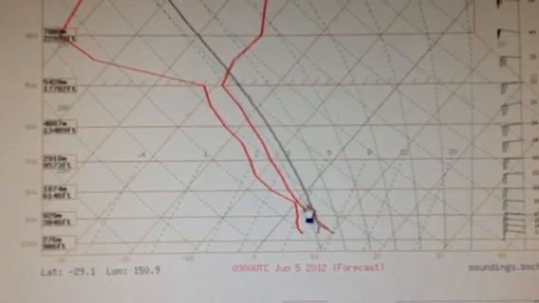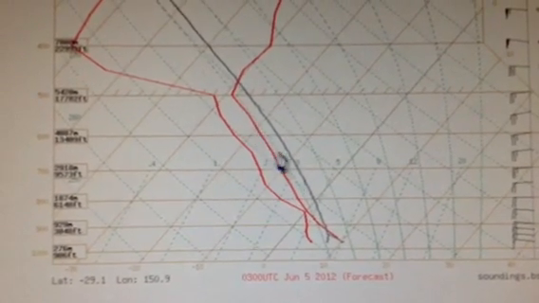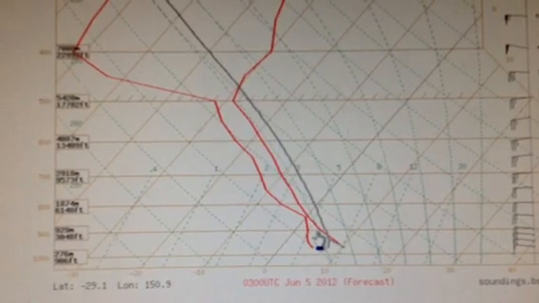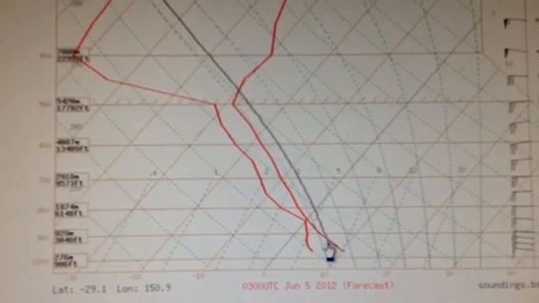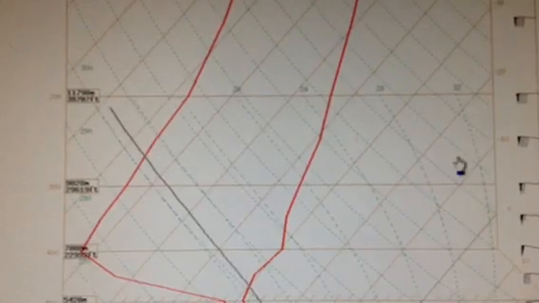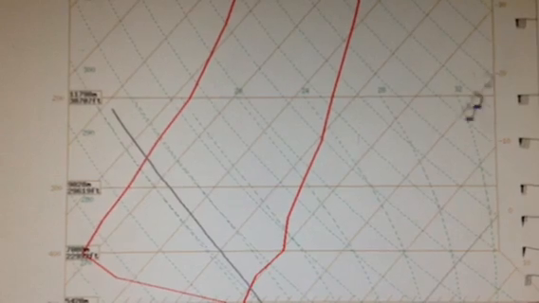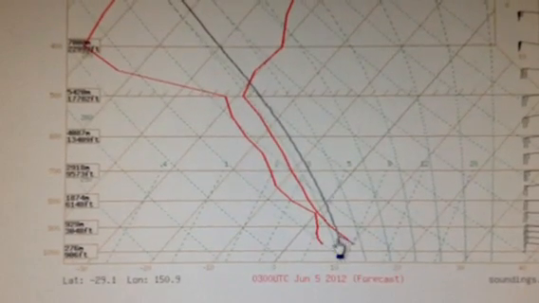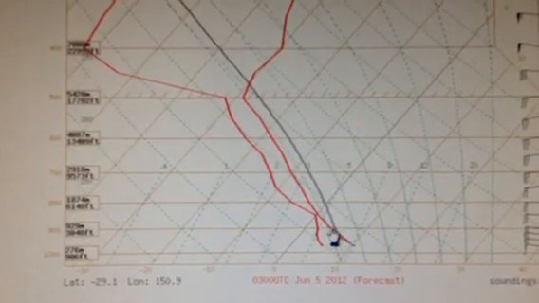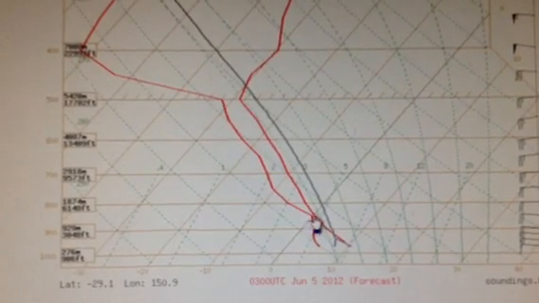See how you've got more lift? That grey line is much higher above the red line now. So you've got more instability and more lift in the atmosphere. You can see that the cloud bases are also very low, about 300 feet, 500 feet, down here where the two little triangle meshes meet just there. See how that red line pulls away from the grey line like that?